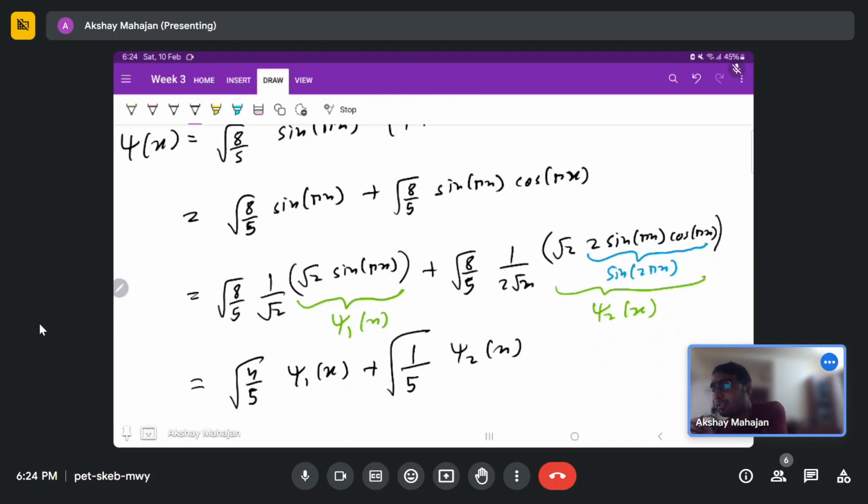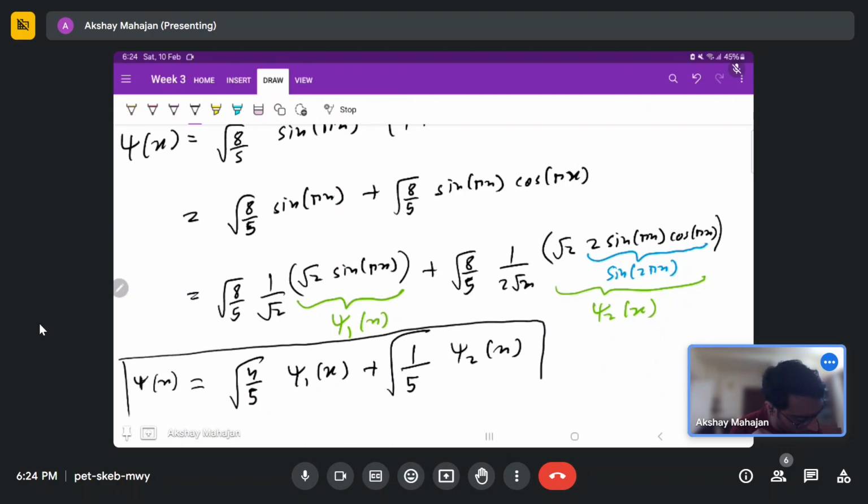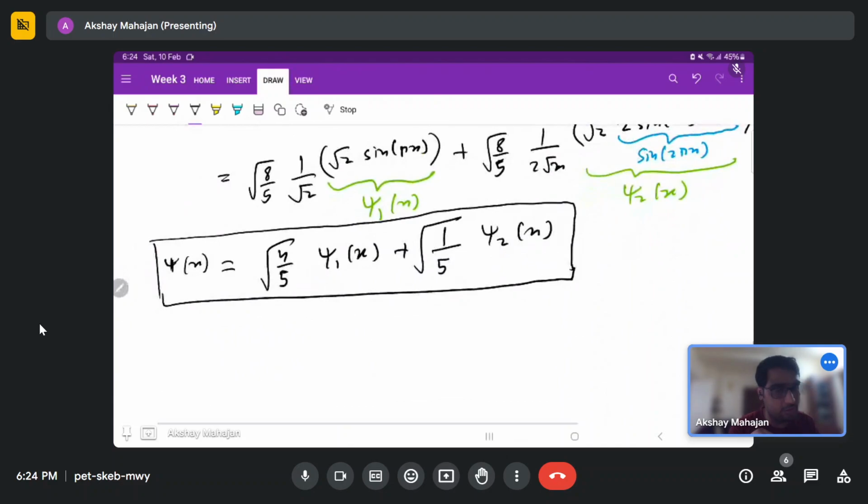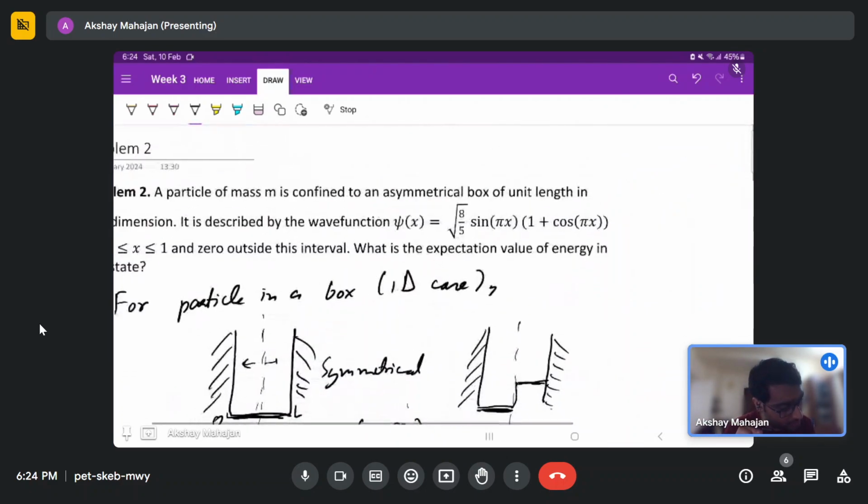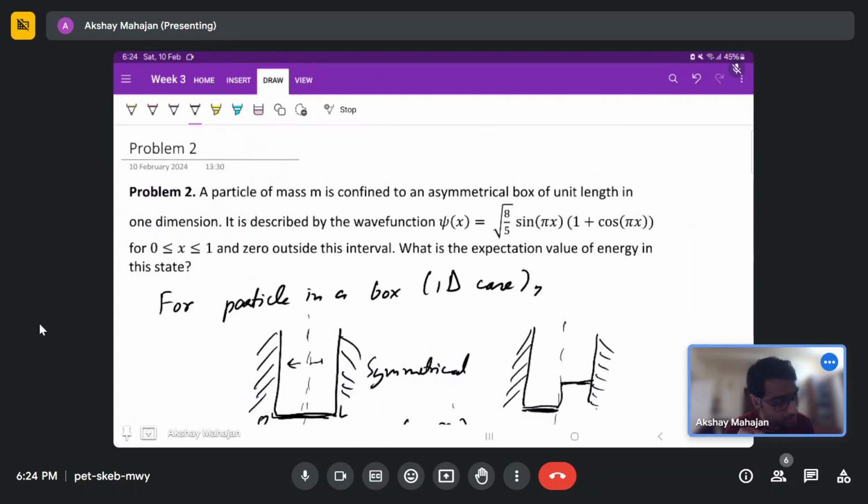So our wave function psi of x can now be written in the basis of the ground state and the first excited state wave functions. Because of some asymmetry, the wave function has changed. Using this function, what is the expectation value of energy in this state?